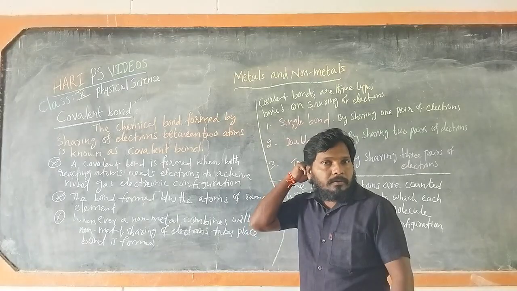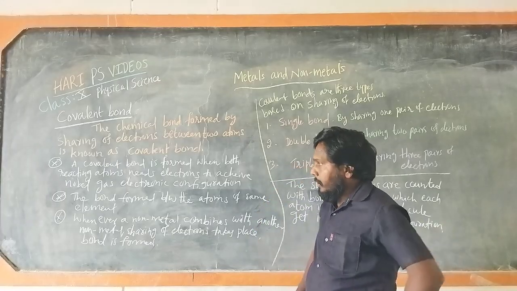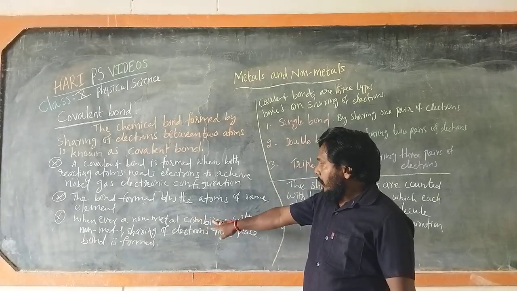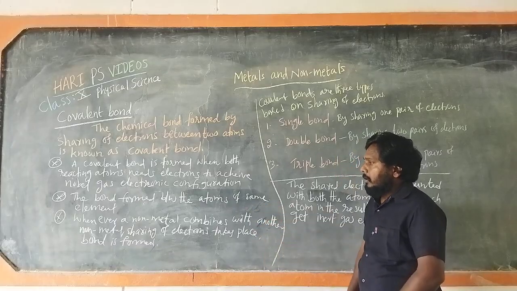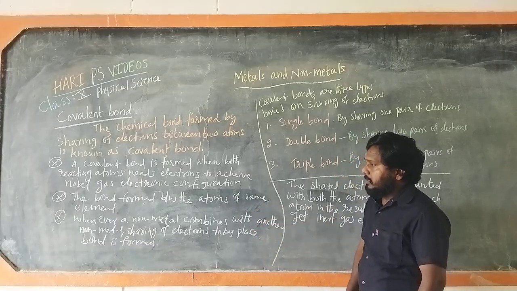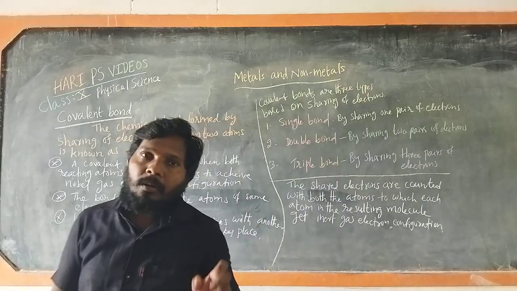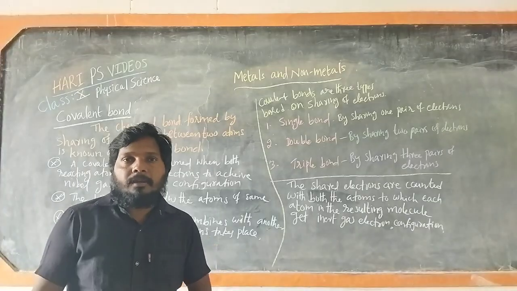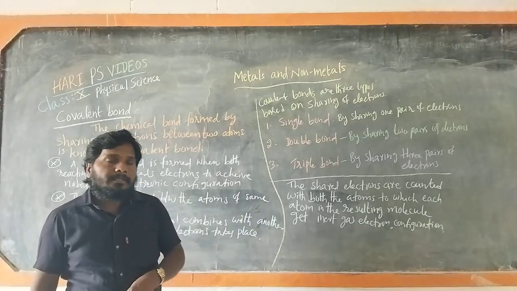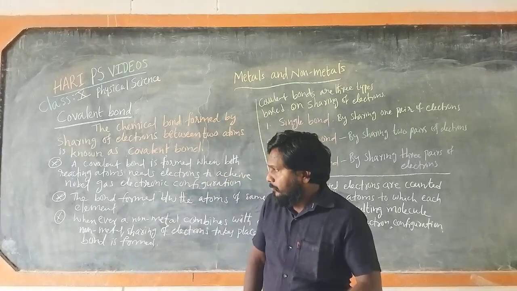The bond is formed between the atoms of the same element. Whenever a non-metal combines with another non-metal, sharing of electrons takes place and a bond is formed. The bond formed by the sharing of electrons is called covalent bond.